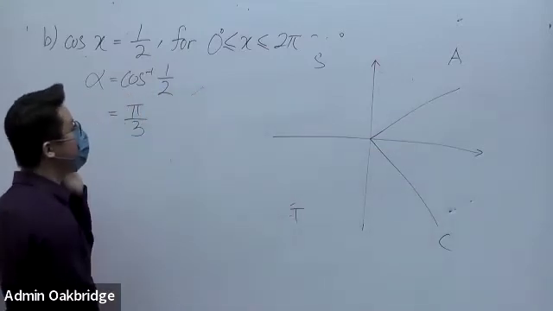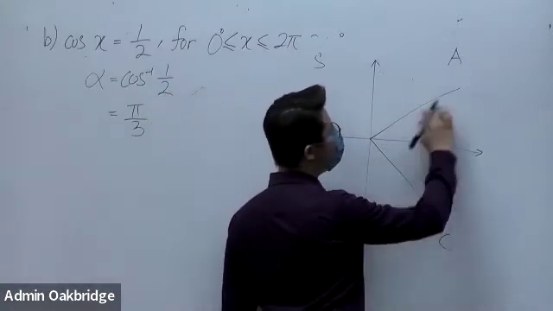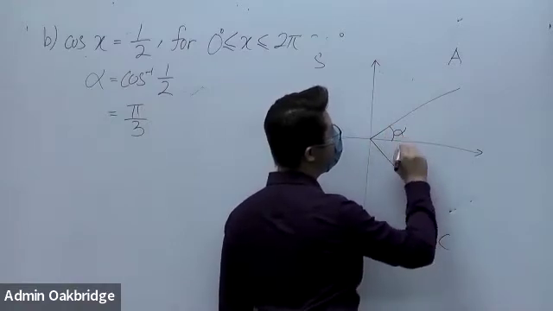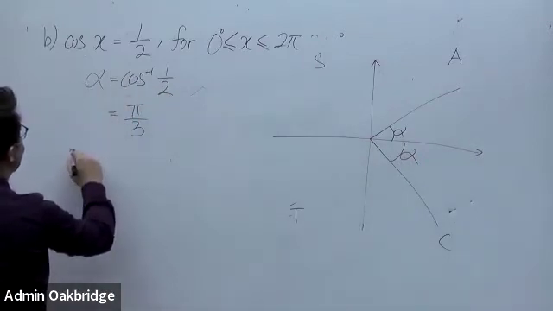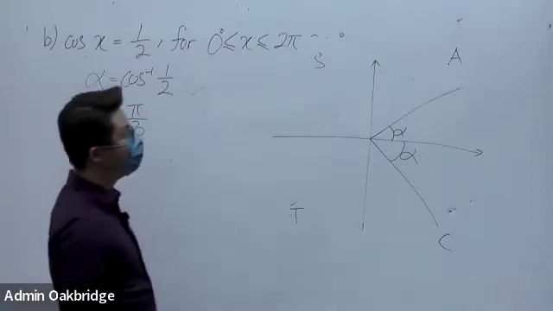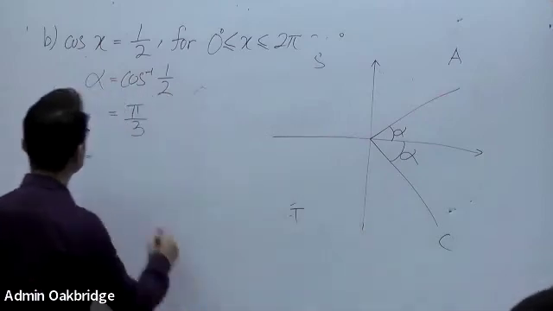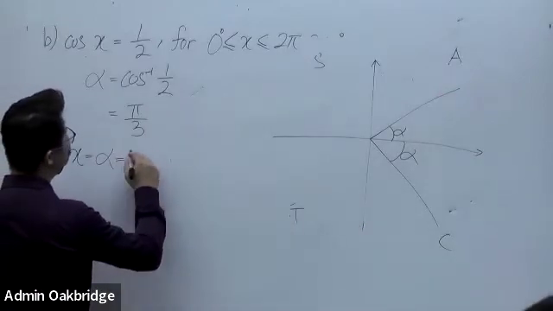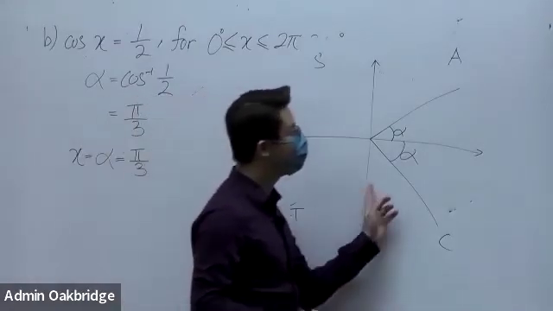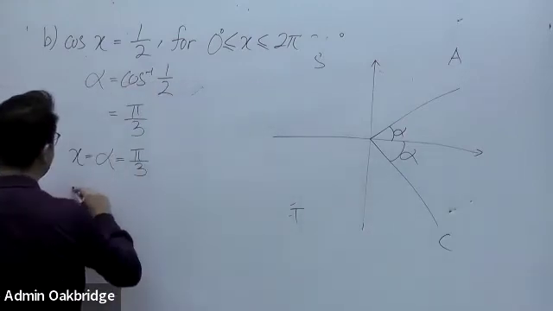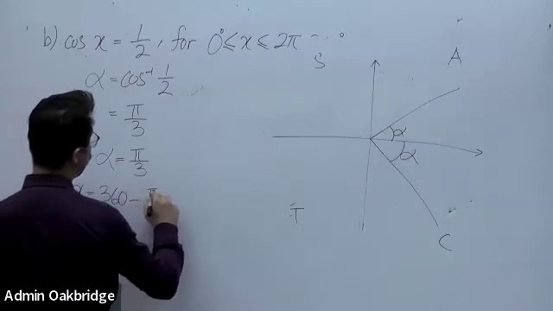Then the next step, label the basic angle. So where are the basic angles? In between the horizontal axis and the straight line. So this one and this one. Now we want to find out the angle x. As you can see, for our angle in the first quadrant, you just take the same as the basic angle. And then the second one will be in the fourth quadrant. You know that the angle in the fourth quadrant is 360 minus the basic angle.